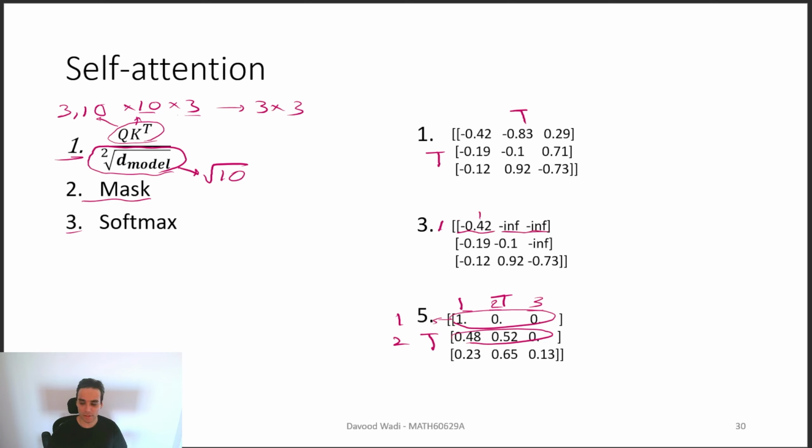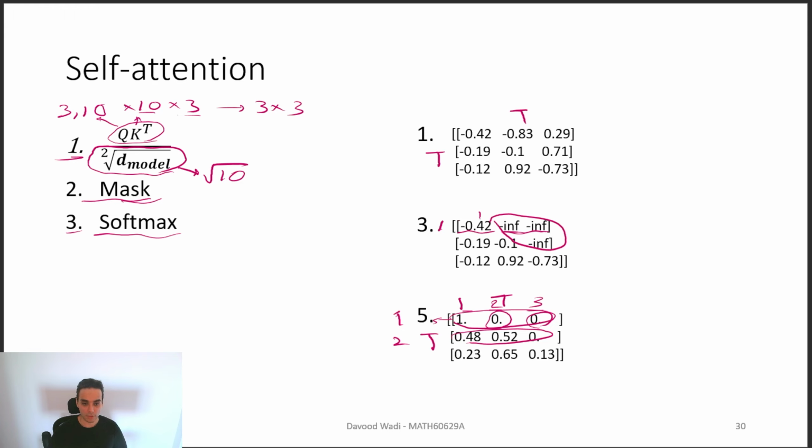It would be kind of cheating to look at the subsequent words because the word that I'm trying to predict would be in the subsequent words. So for masking, we replace the upper triangle with minus infinity so that the model will not see the information from subsequent words. And after the masking, if we use softmax, the minus infinities will turn into zeros.